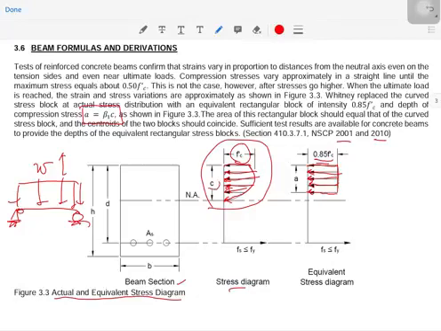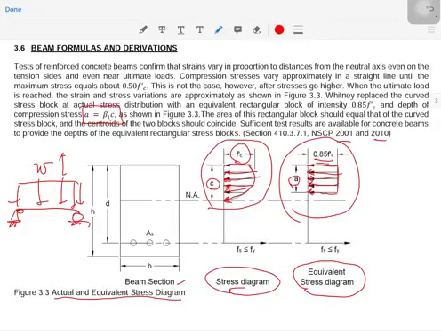And from c, which is the distance of the neutral axis from the extreme compression fiber, he created a compression stress depth equal to a. So this stress diagram with the curve will now be equated to this particular rectangular compression block.